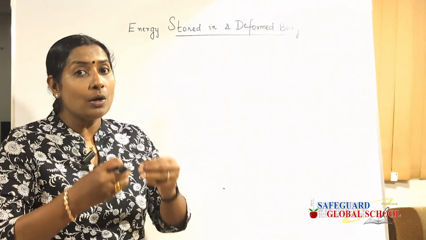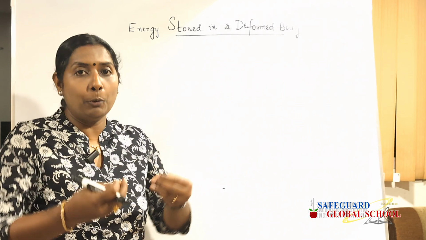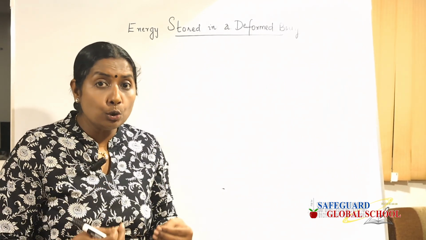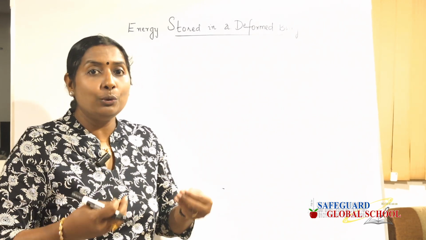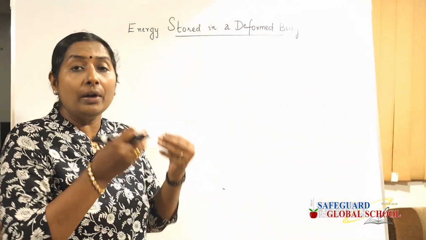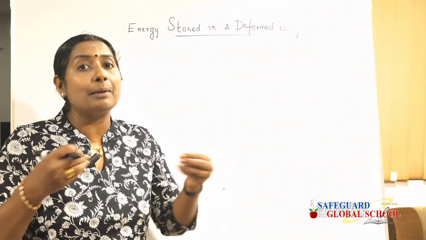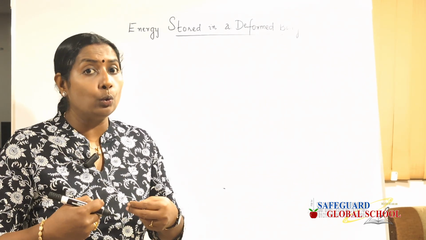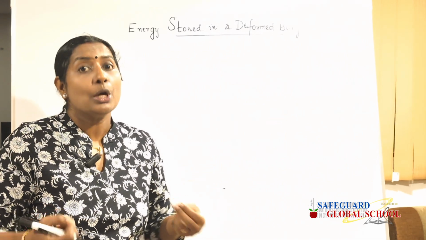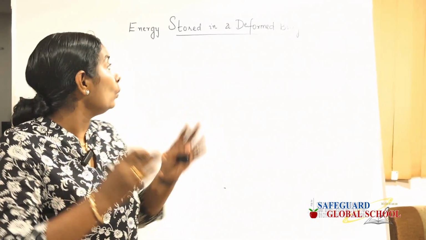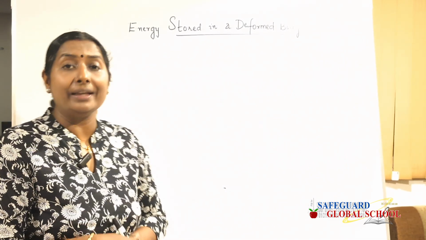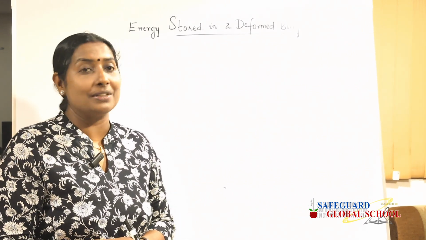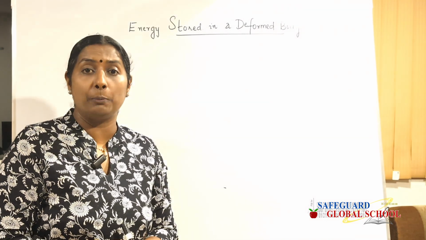So, those forces which are acting on the body to increase its length or its shape must do some work to elongate the body. That work that we do, or any external force does, is converted into the energy stored in a deformed body. So let us go to the theory of this energy stored in a deformed body.